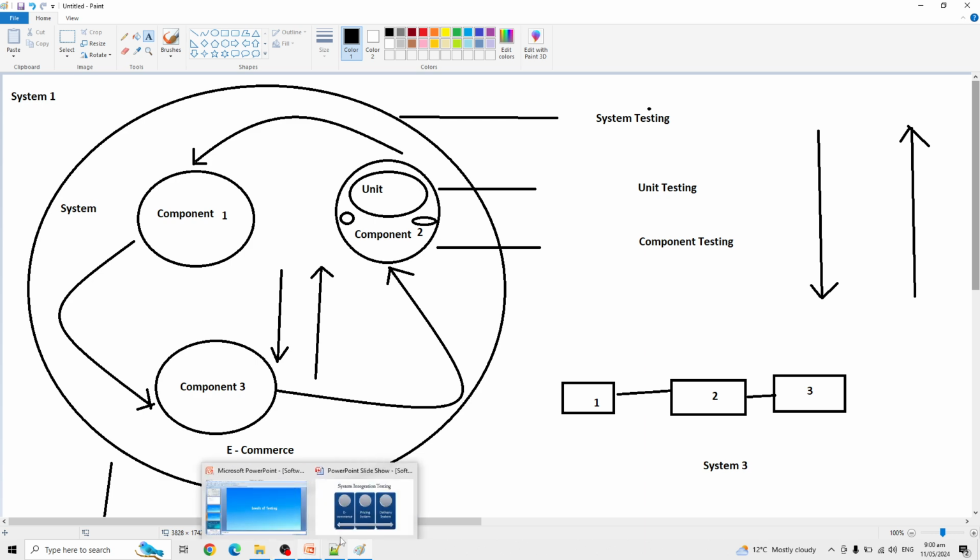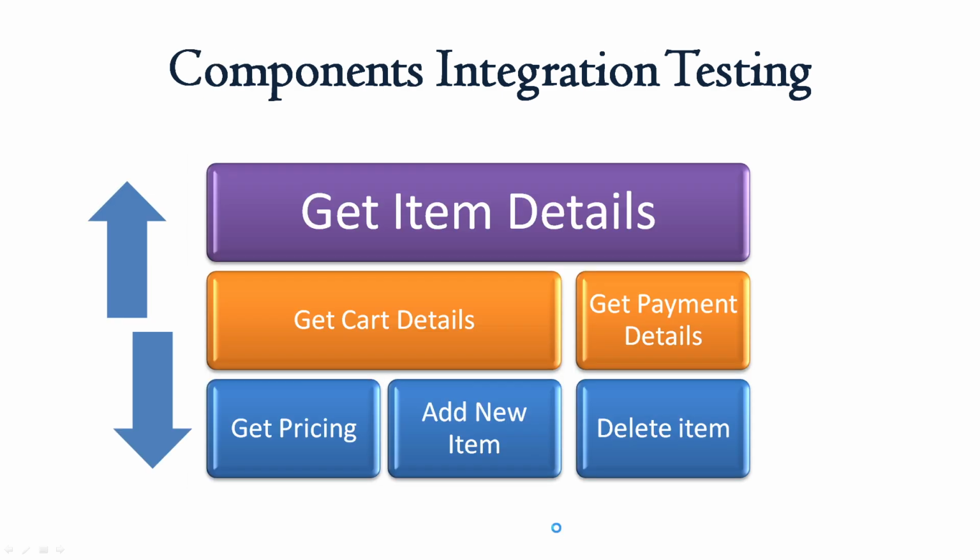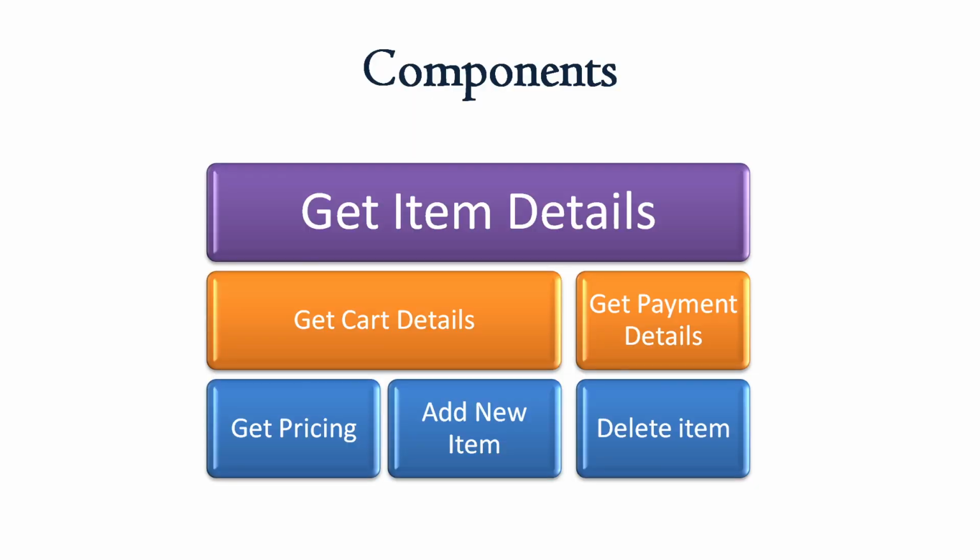Instead of giving an overview of a big chunk of code, I'll just open this one and see how the component looks. See, it looks like this: get item details. It will get the item details alone, but it will give the item details of every item.